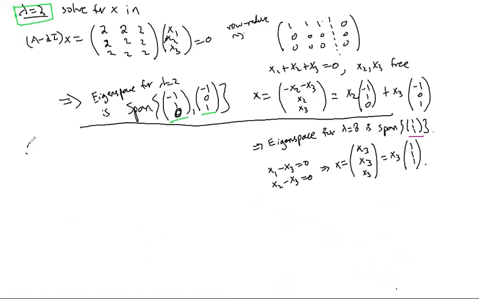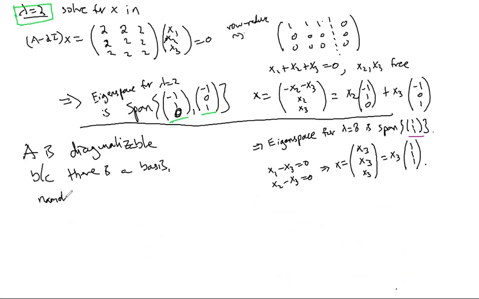So we conclude A is diagonalizable because there is a basis of eigenvectors. There is a basis, namely these eigenvectors, of eigenvectors.